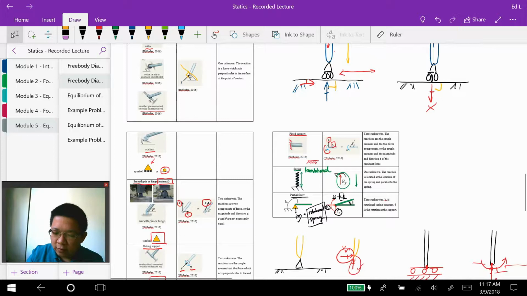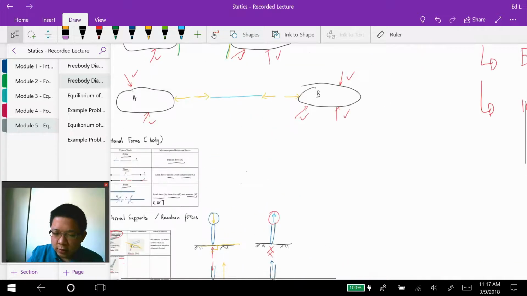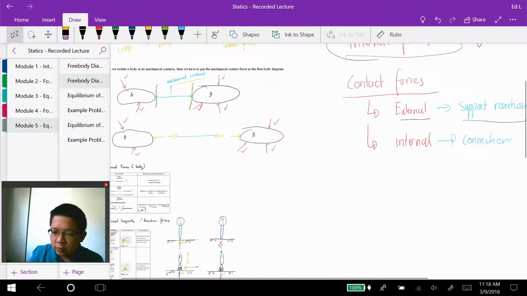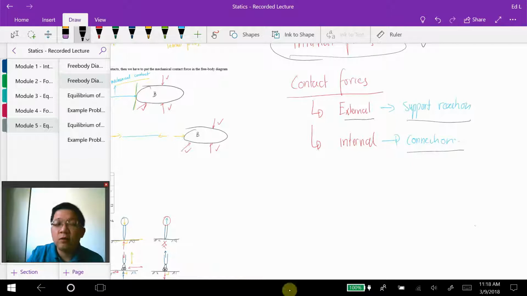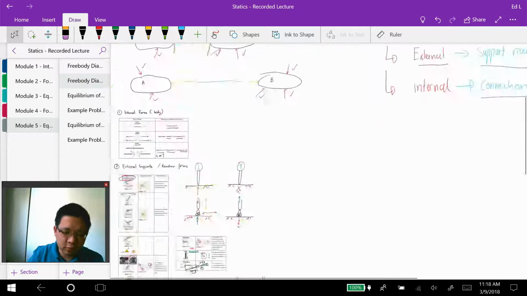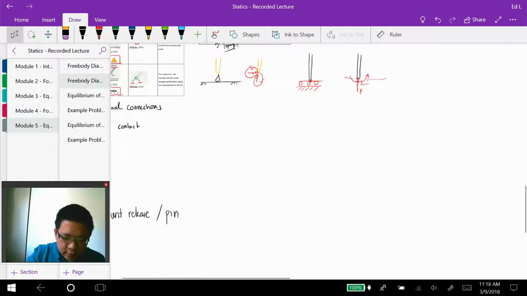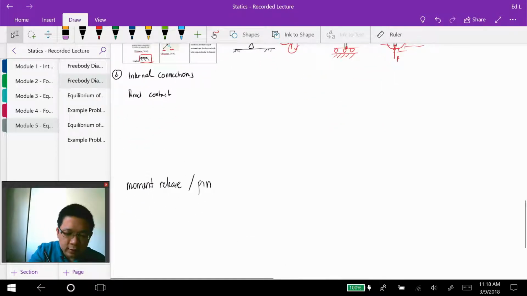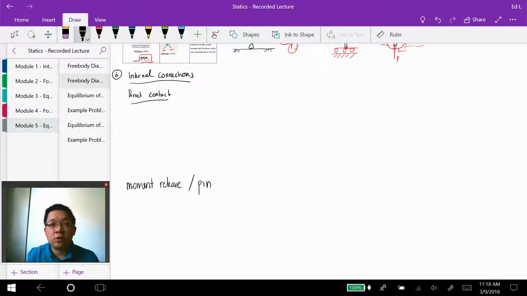I would like to move forward to the next topic related to internal connection forces, and please differentiate it from internal forces. So this is internal connection forces, and the first one that I would like to introduce is what we call a direct contact.